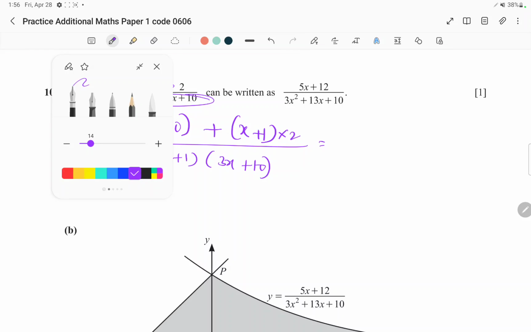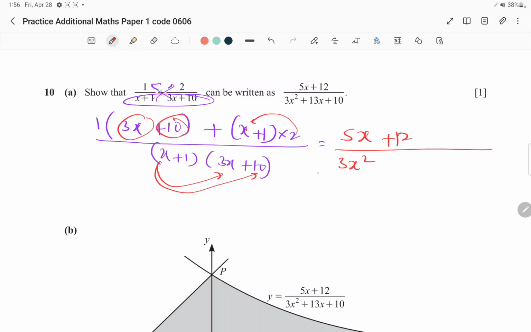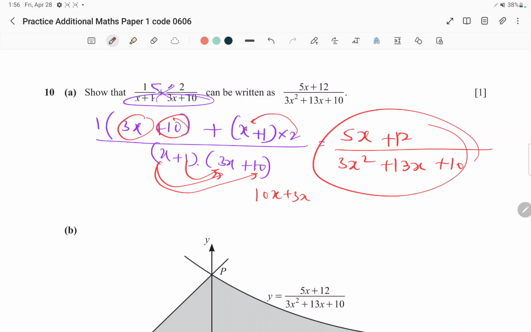Now here we can write the answer: 2 times x is 2x, and 3x, so it is 5x. 10 and 1 times 2, that's 2, so 10 plus 2 is 12. x times 3x is 3x squared. x times 10 is 10x. 1 times 3x is 3x, which makes 13x, and 1 times 10 is 10. It is for 1 mark only, so it's fine.